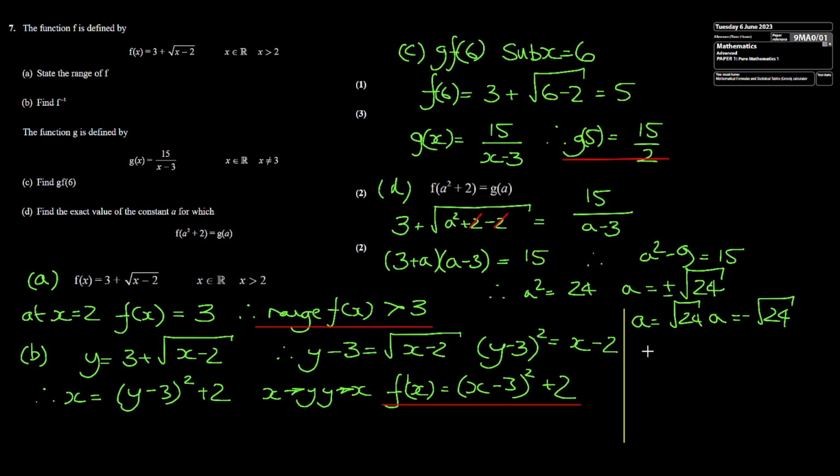So therefore I can say that a squared plus 2 must be greater than 2. So therefore a squared must be greater than 0, which means that a cannot be negative. So we can reject this answer. And the answer we are left with is that a is equal to the square root of 24, which, if you want to write it in the simplest form, is equal to 2 root 6. And that's the answer to part D.